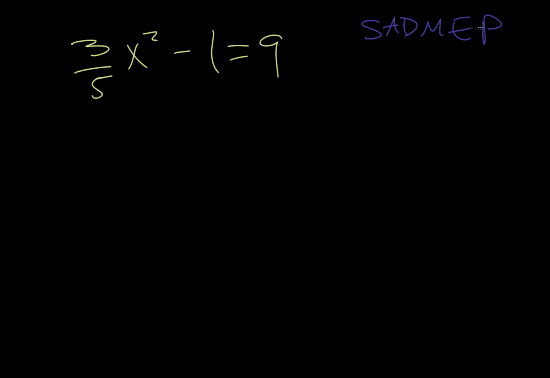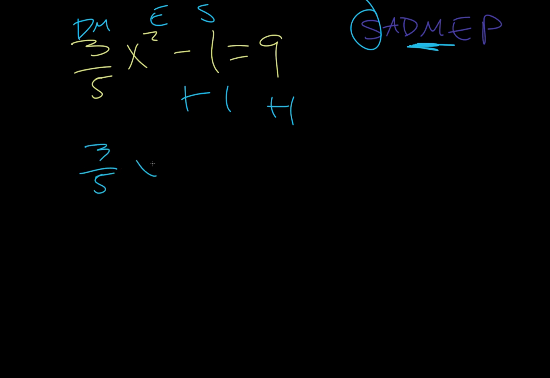So fraction is kind of a special case. It's like division and multiplication together, so I'm just going to call it a DM. This one's an exponent, and then this is subtraction. So over here we start with subtraction, so we undo the subtraction by adding 1. We have 3/5 x squared equals 10.